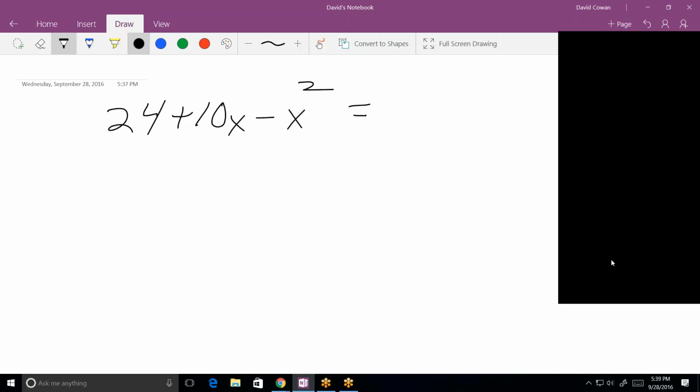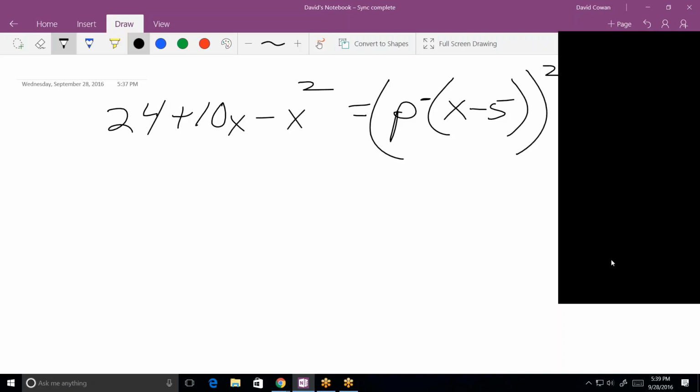Did you say T? P. Yes. And then in parentheses, x minus 5, like that? Yeah, p minus x minus 5, and then squared. The whole thing, like that? Just the x minus 5. Okay.